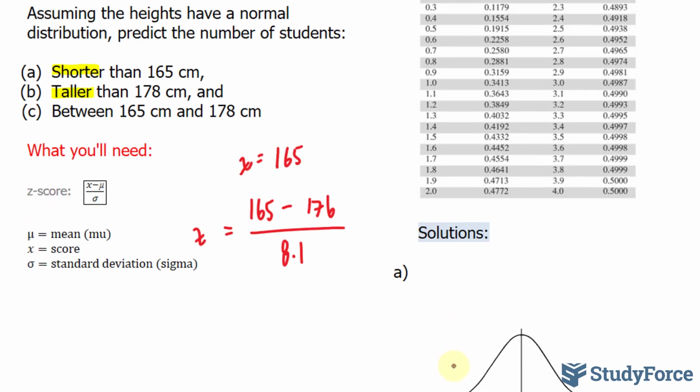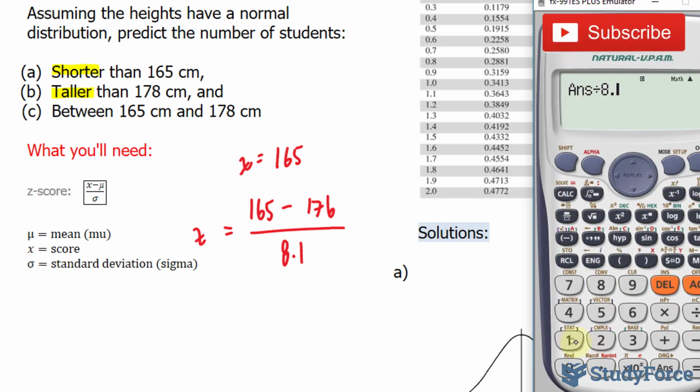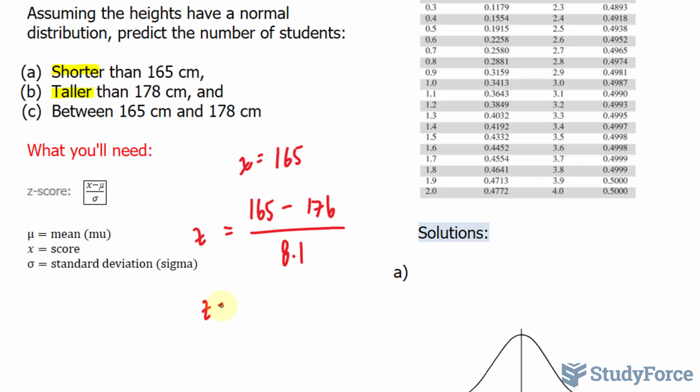Using our calculator, 165 minus 176 divided by 8.1 gives us a z-score of negative 1.35, or simply negative 1.4.